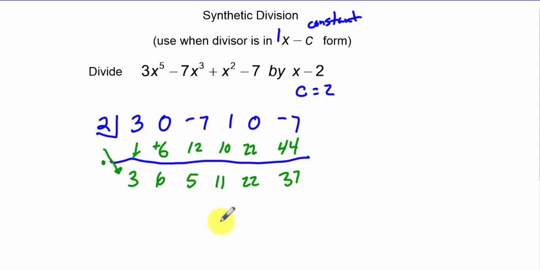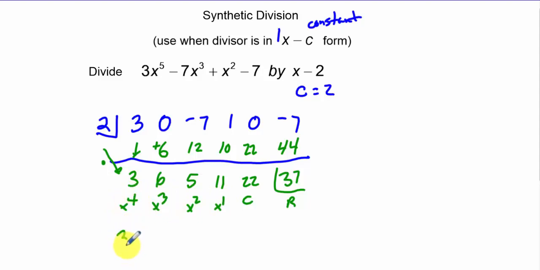So what really did that get us? Well, it actually got us the answer for the division in that this term will always be your remainder. And then the rest of these terms are the answer in terms of descending powers of x. So we're going to back up from our constant to our x, to our x to the second, x to the third, and x to the fourth.